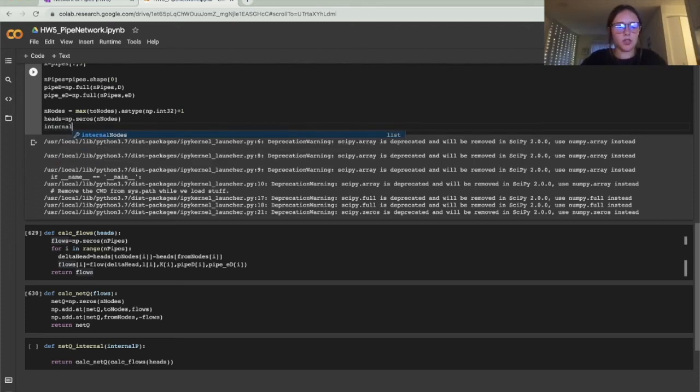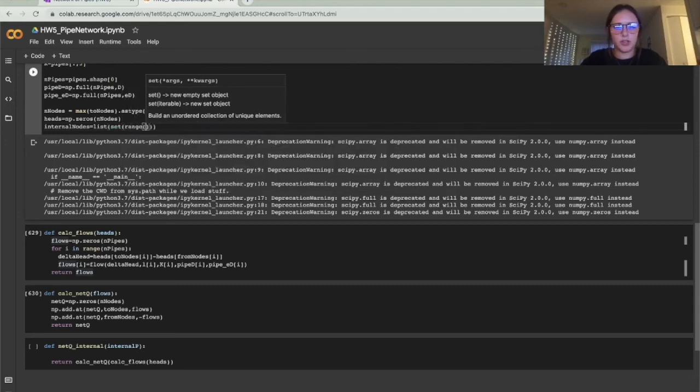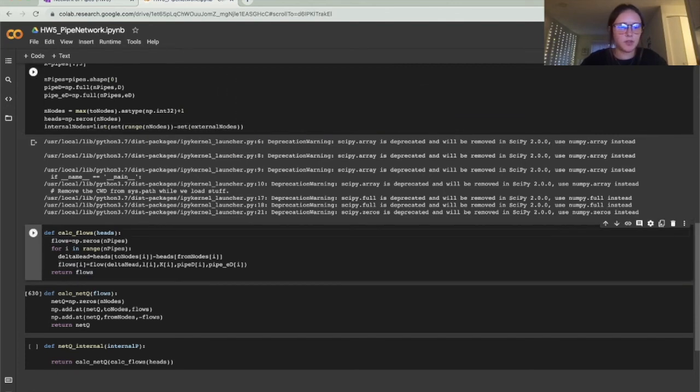So the internal nodes is going to be, we can say there's this list, and basically it's just the number of nodes minus the external nodes. So we can set it equal to a range of the number of nodes, minus the set of external nodes, which we already had before.